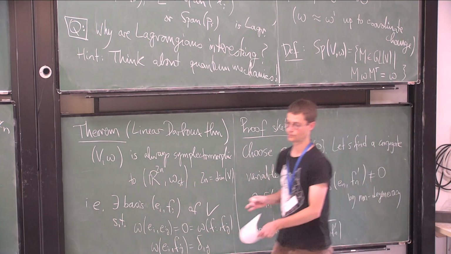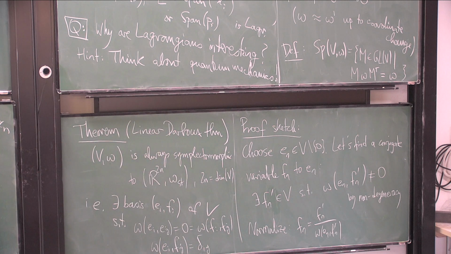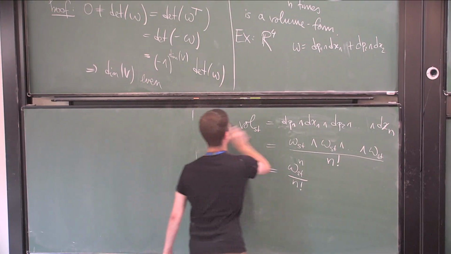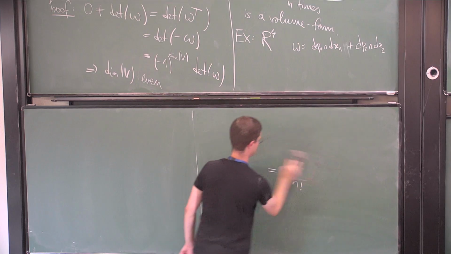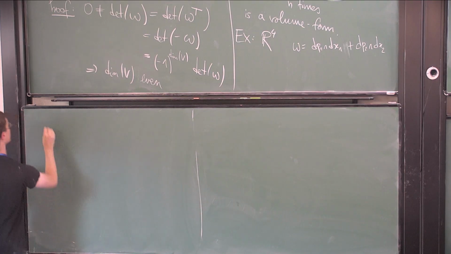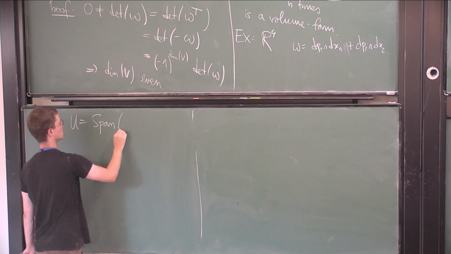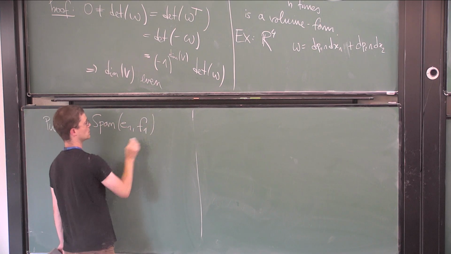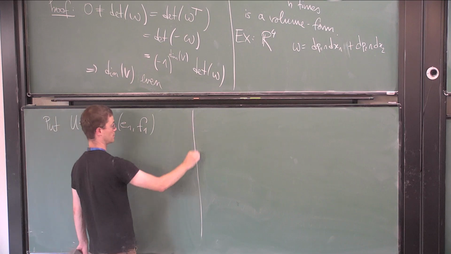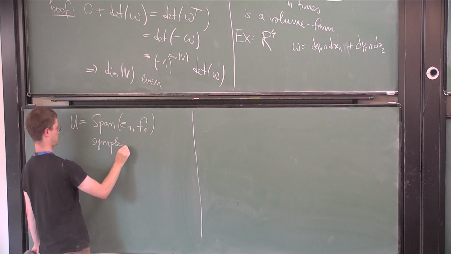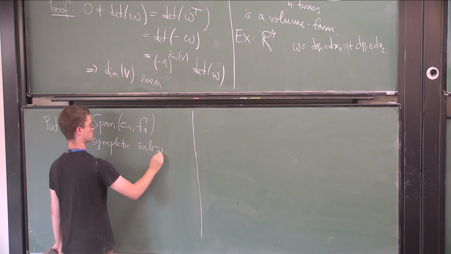Once you have this, we take the span of these two, e1 and f1. It's actually a symplectic subspace.